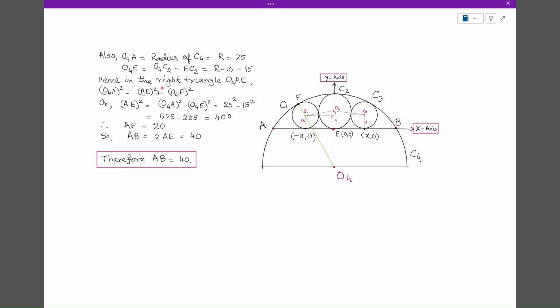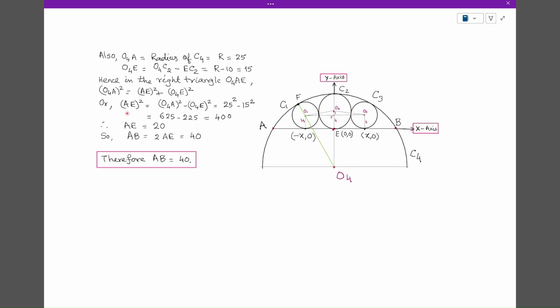Hence, in the right triangle O4AE, the right angle being here, AE squared is equal to O4A squared minus O4E squared.